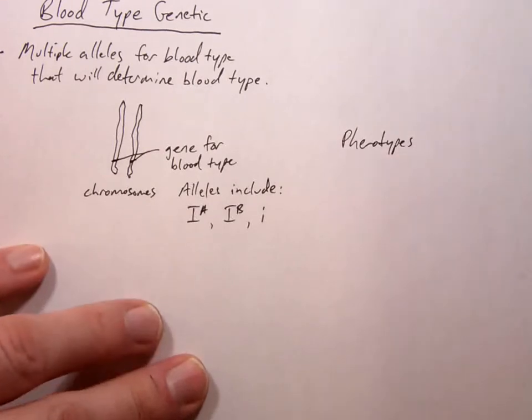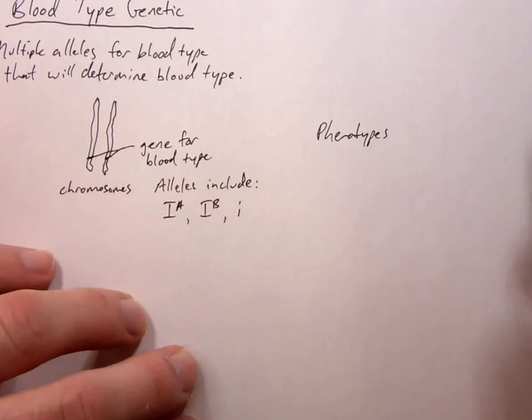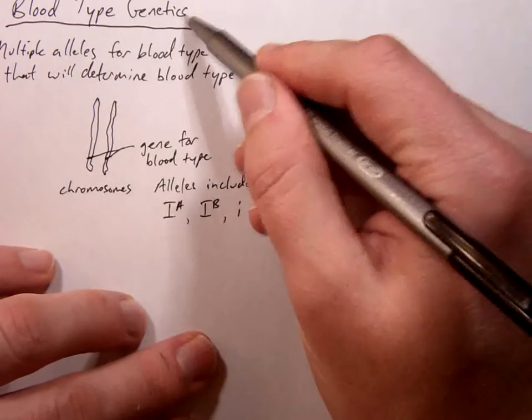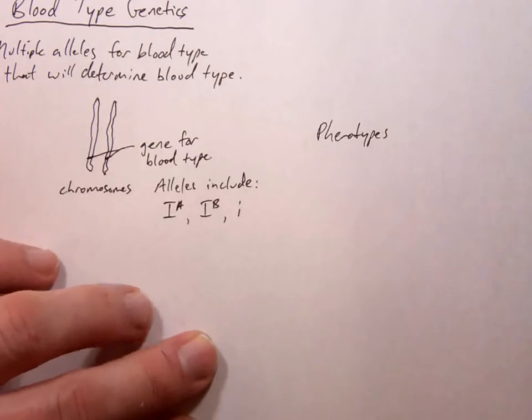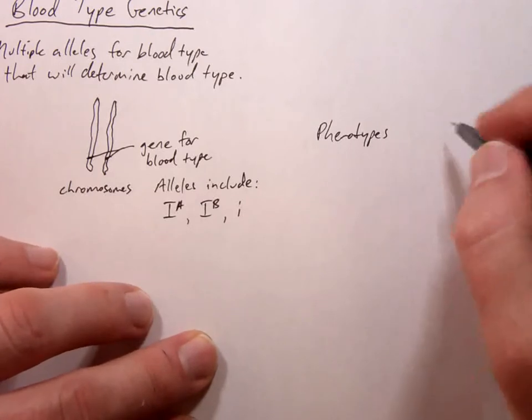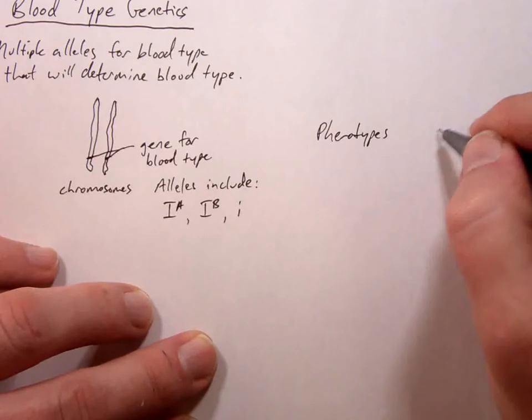If you remember back to biology, blood type is an example of codominance, where you can have more than one dominant allele at a time.